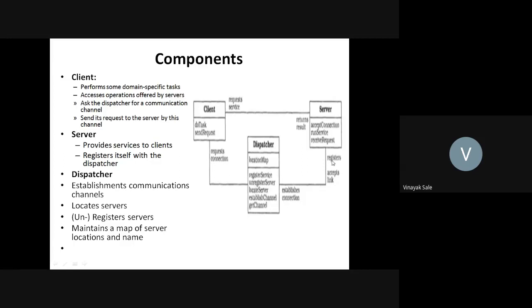Whenever a link is sent from the client, the server accepts the link. The server has parts such as accept connection, run service, and receive request. This is the communication pattern, that is client, server, dispatcher.